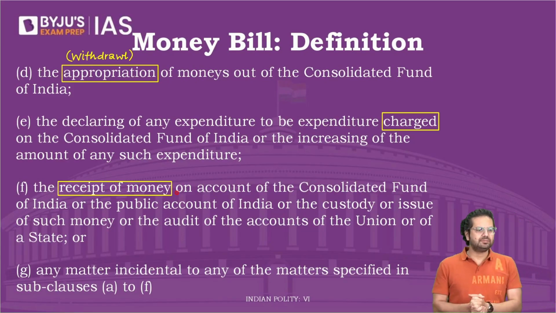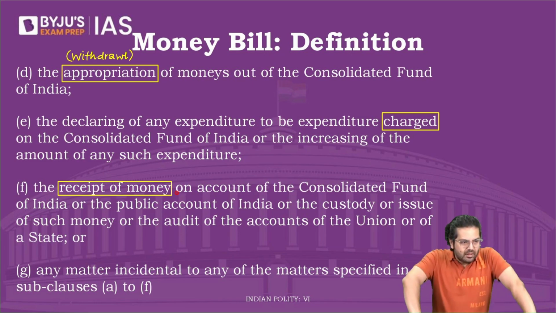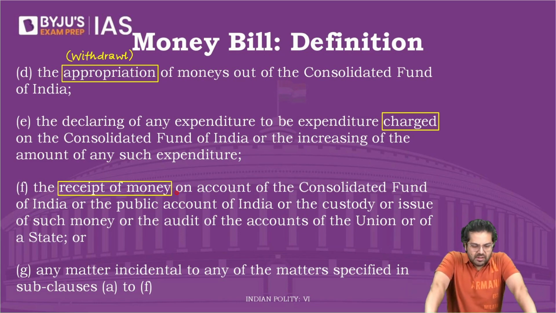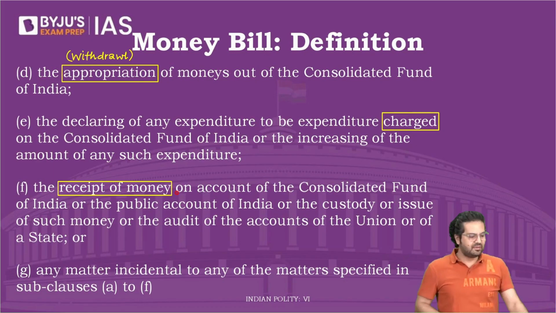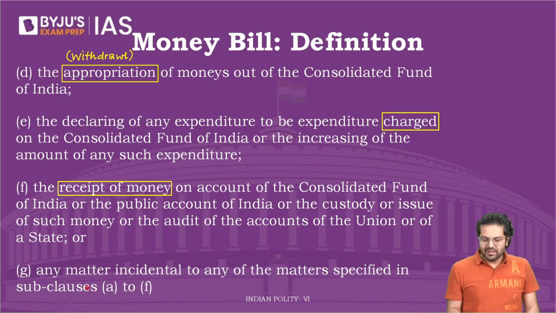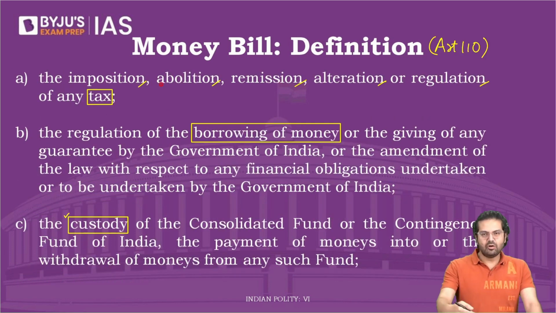Now see, when it comes to money bill, the real point to understand is that the bill, so last point, any matter incidental to these matters, meaning anything that is one or more of these, but only these points.